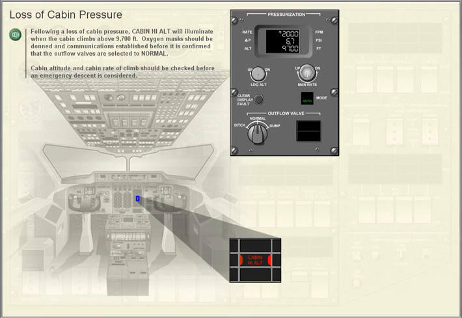Oxygen masks should be donned and communications established before it is confirmed that the outflow valves are selected to normal. Cabin altitude and cabin rate of climb should be checked before an emergency descent is considered.